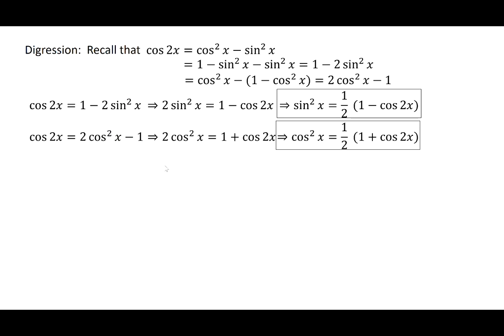Here is the idea. For all the even powers, if we see a sine square x, we replace it with 1/2 times (1 minus cosine 2x). If we see cosine square x, we replace it with 1/2 times (1 plus cosine 2x). That's why we needed to digress and talk about this.